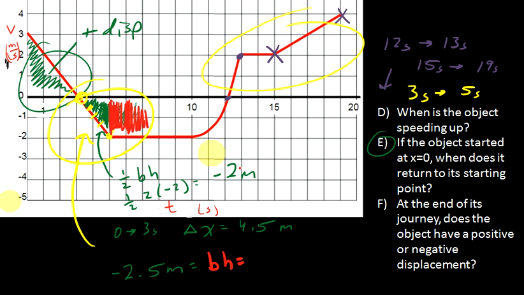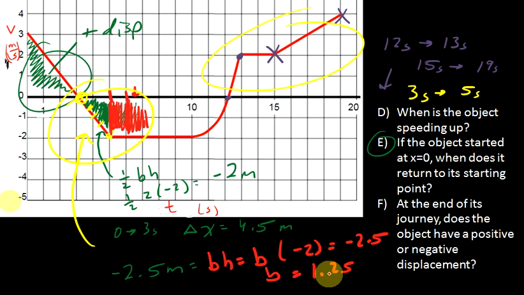The base is, I'm not really sure, that time. The height is always negative 2, and that has to equal negative 2.5. Solve for B. B is equal to 1.25. So 1.25 seconds later. Okay, so here's 1 second. Here's 0.25 more seconds.